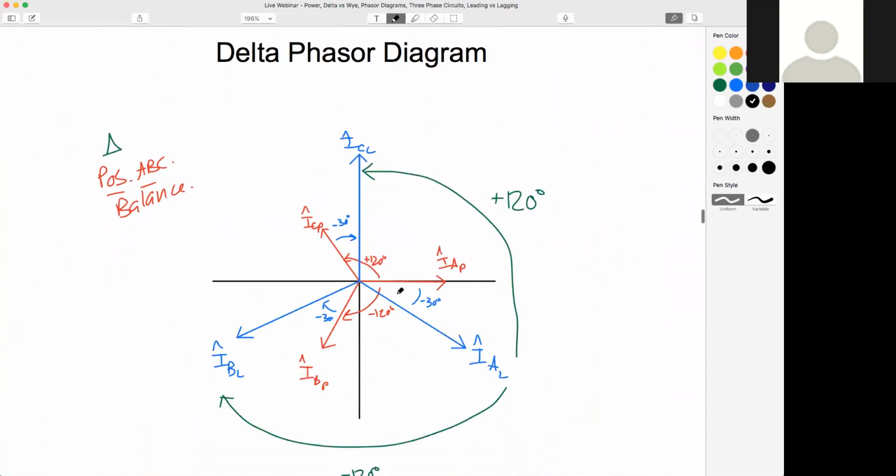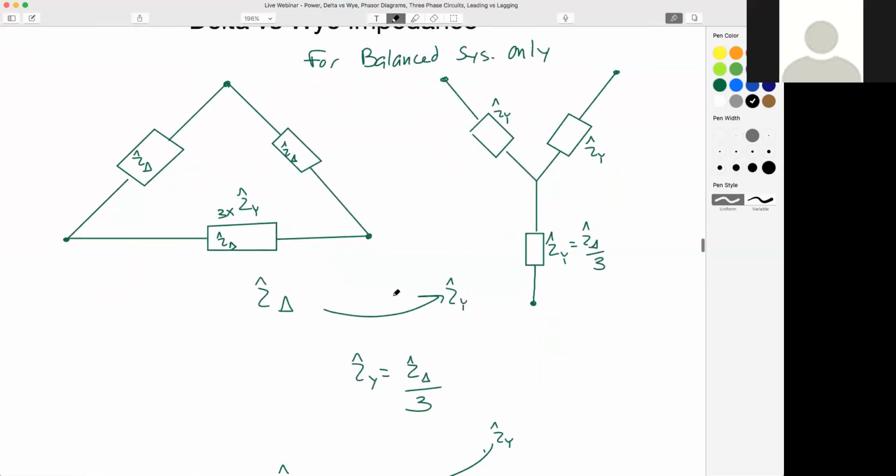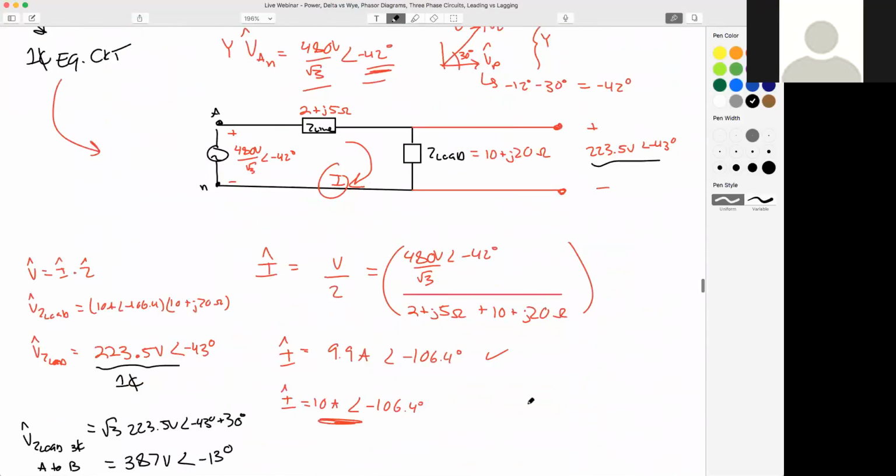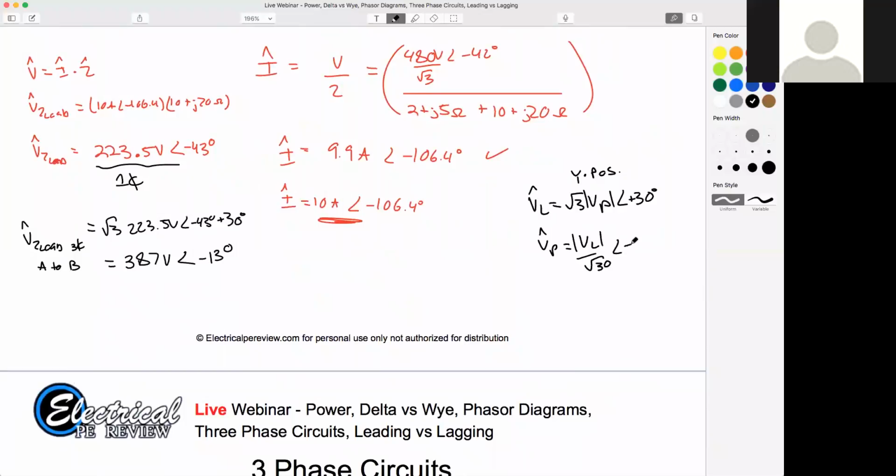And an easy way to remember that too, because a lot of people are always asking for mnemonics, is anytime you know that you need to multiply by the square root of 3, remember that you need to add 30 degrees for Y voltage, right? And then anytime you need to divide by the square root of 3, just remember that you're going to have to subtract 30 degrees.